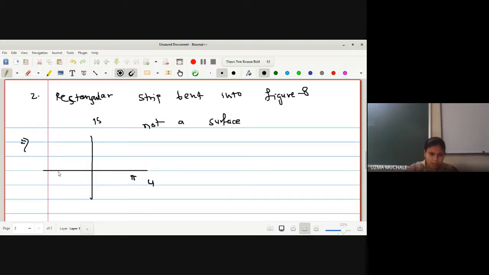This is suppose pi, and this is minus pi, and this is your rectangular strip. Minus pi to pi is there.